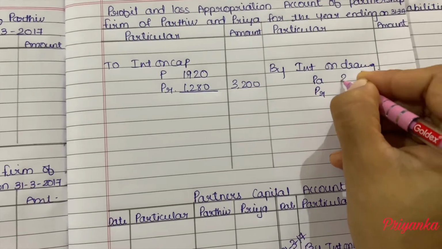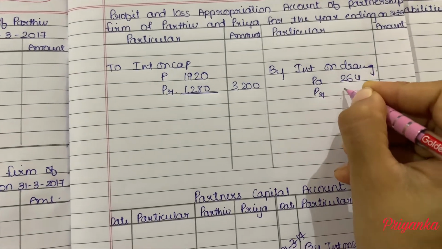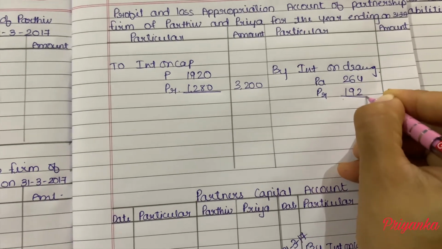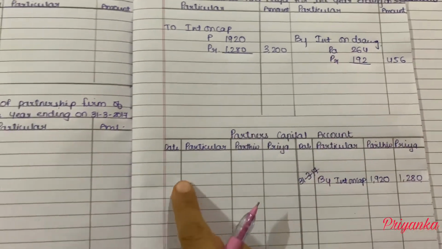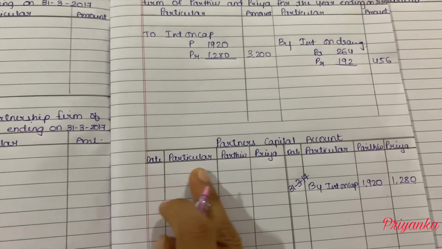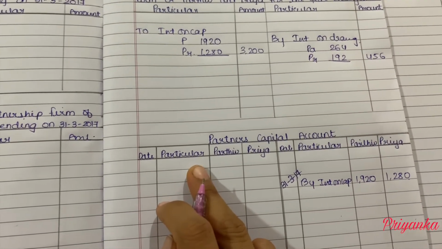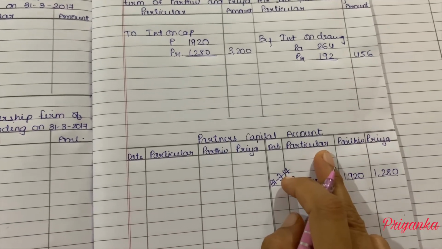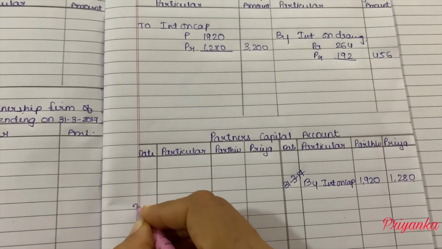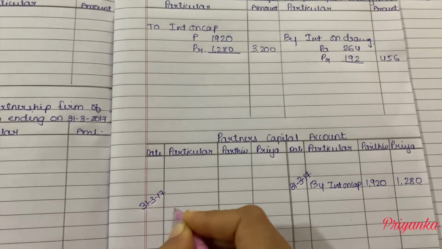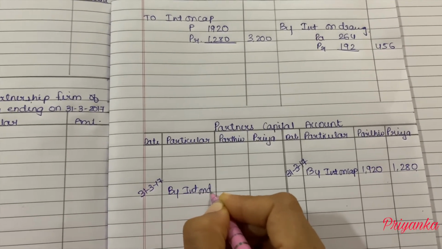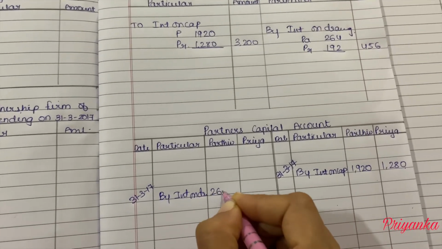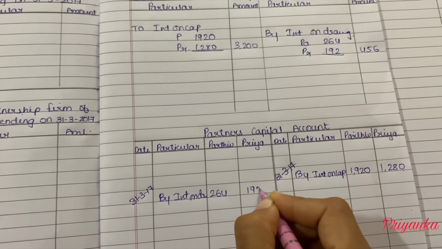The amounts we found were 264 and 192, total 456, which will go across over here. Again I am leaving one line because here we'll write the drawings account and here we'll write the capital. So 31st March 2017, by interest on drawings, that is 264 and 192.